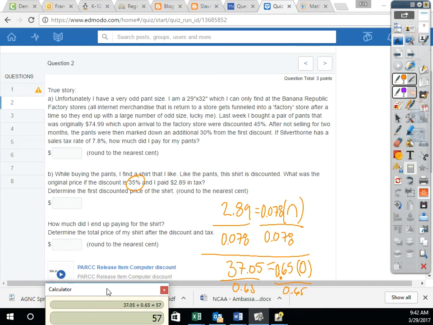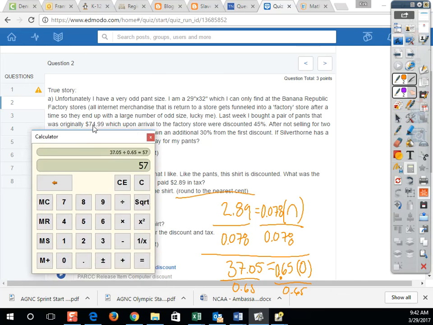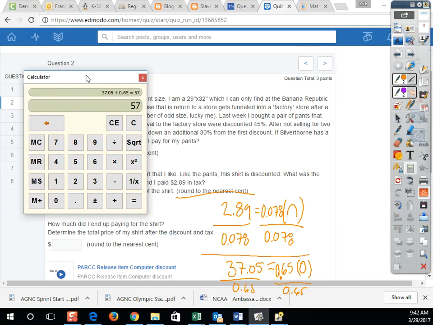Alright, so we have 57.00, because it asks you to round to the nearest cent, so keep it in cents. Over here we had something 12 cents. Oh well. And then for the last problem, how much I end up paying for the shirt? Well, we had this 37.05, right?